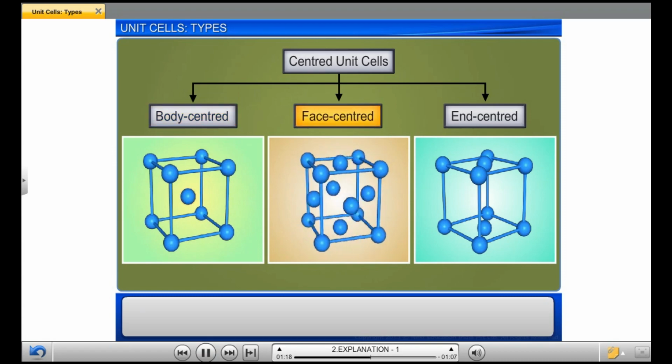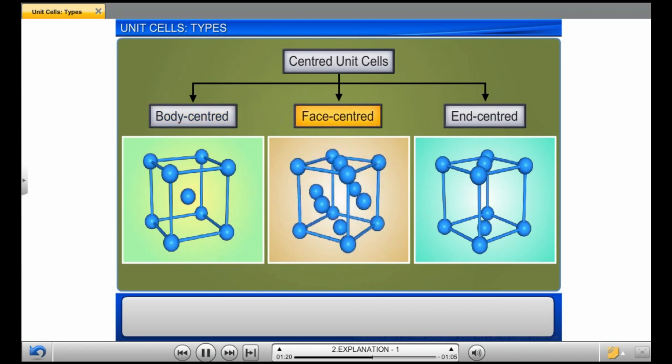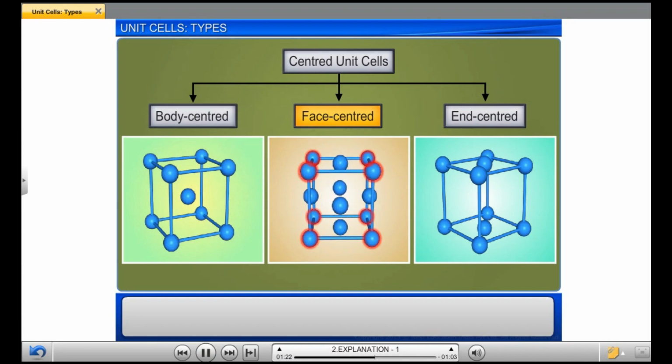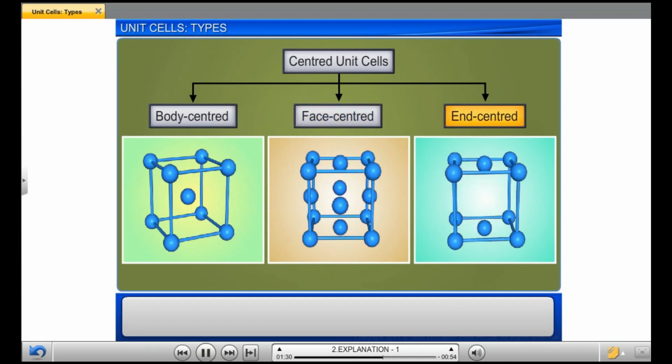A face-centered unit cell has constituent particles at all its corners, as well as at the center of each face.